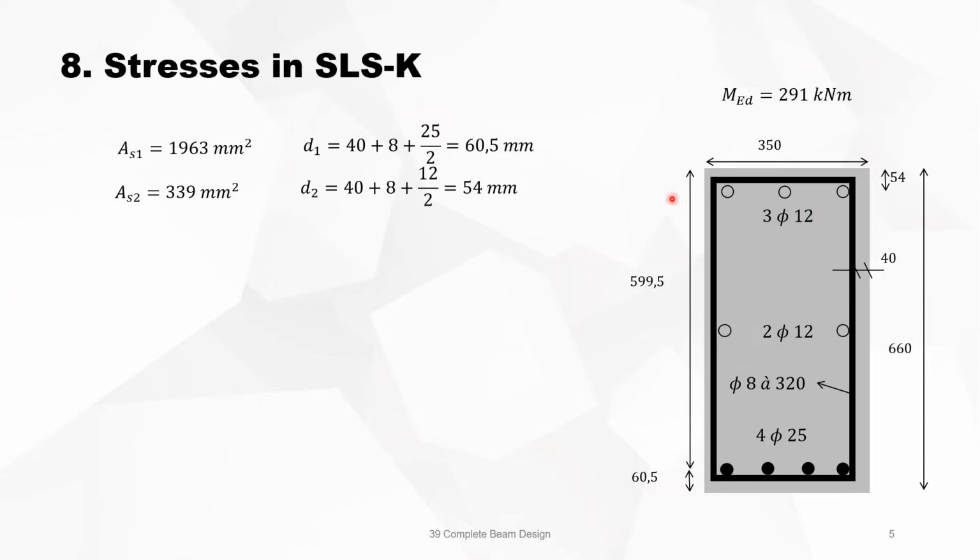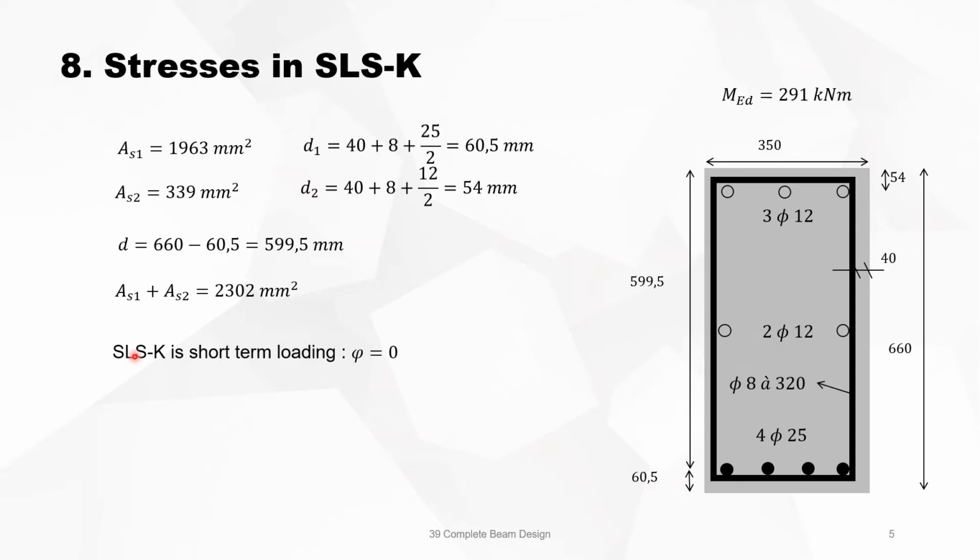The compression reinforcement is 339 square millimeters and the point of gravity is 54 millimeters. The effective depth is then the total depth minus D1, it's 599.5. The total reinforcement is 2302.